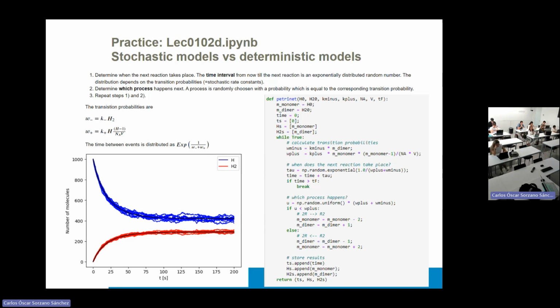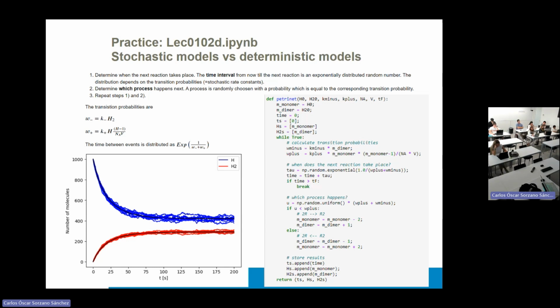If it is the formation, there will be one more dimer, and two of the monomers disappear. This is the opposite event: if one of the molecules dissociates, there will be two more atoms, and one of the molecules disappears.